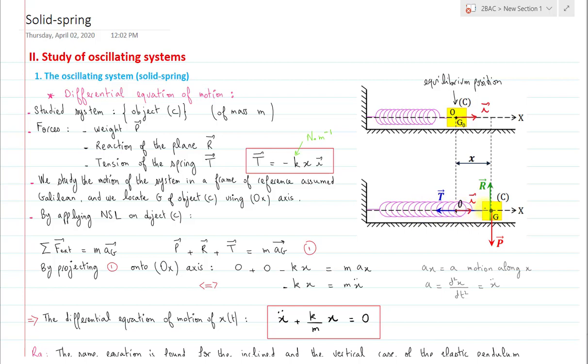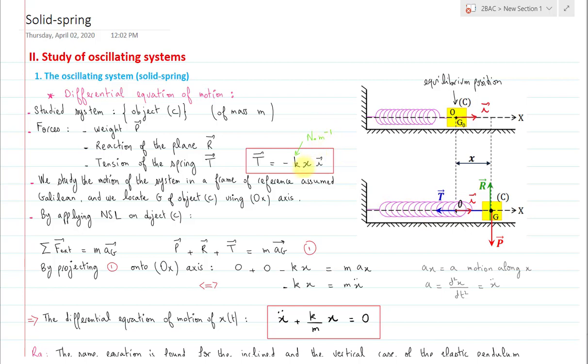Notice that the direction of T is always towards the equilibrium position, which is position O. So this force tends to make object C go back to its initial position, or the equilibrium position. The expression of T is equal to minus kx times i, which is the unit vector of the axis.